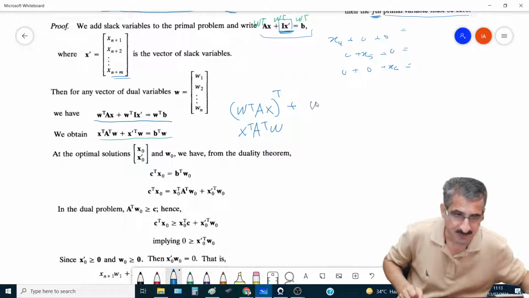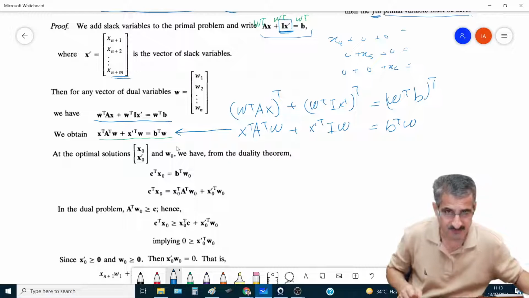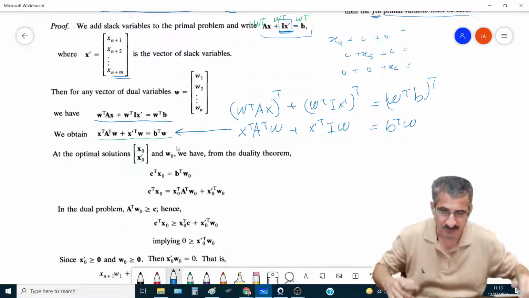And w transpose I x prime, take the transpose, will be x prime transpose I, the same here, and w. And we have this equal w transpose b, take the transpose, then we get b transpose w, and this is this information. So it is the first equation, but we took the transpose.